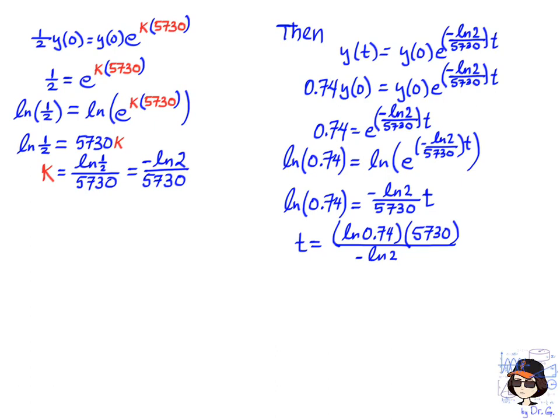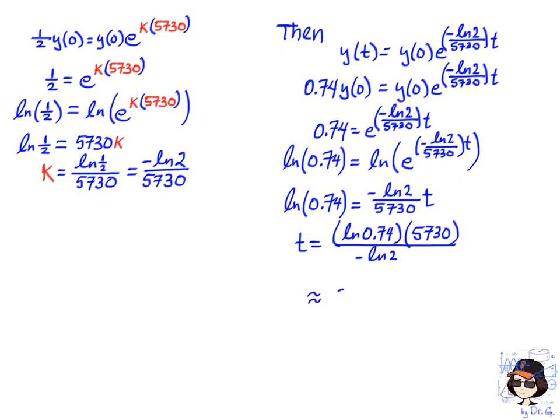Is this positive? Yes. We can tell it's positive because the numerator, the natural log of 0.74, we know that that is a negative number because 0.74 is less than 1. So the natural log of 0.74 is negative. So we do have a negative over a negative, so we do have a positive number.